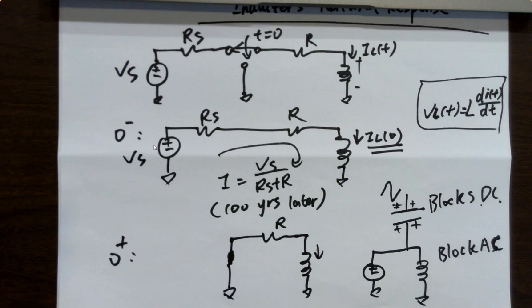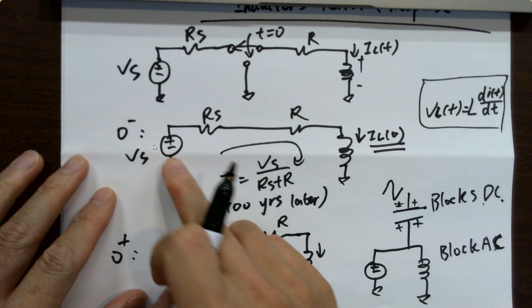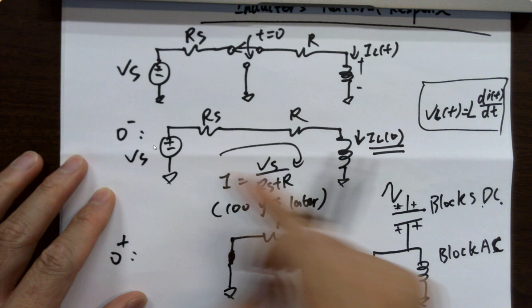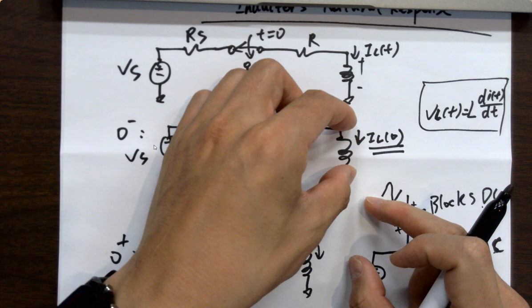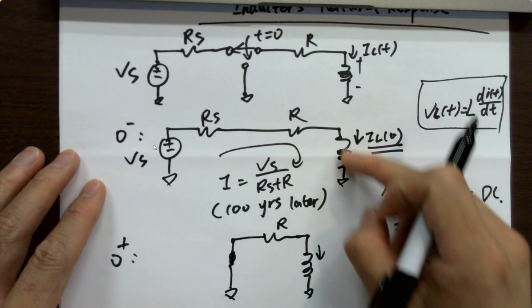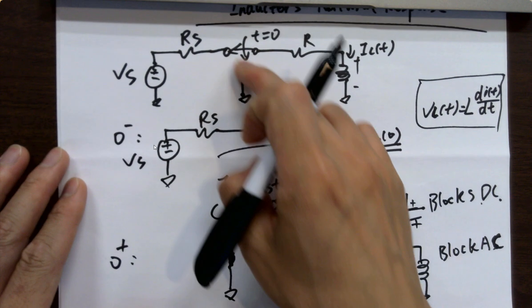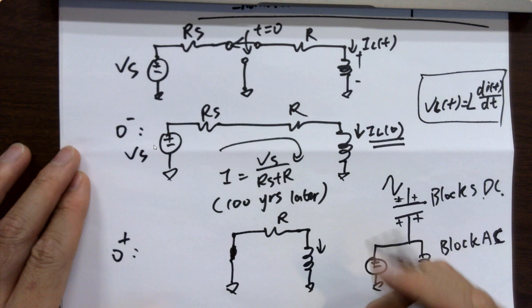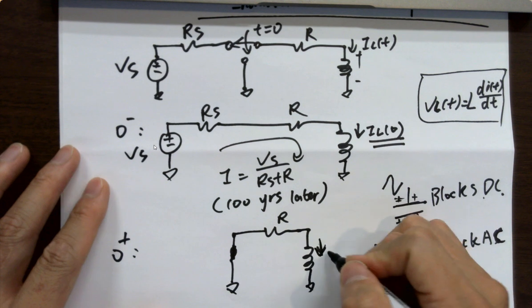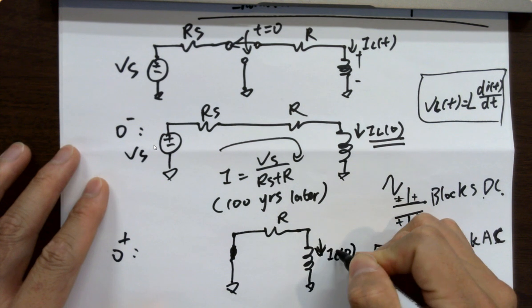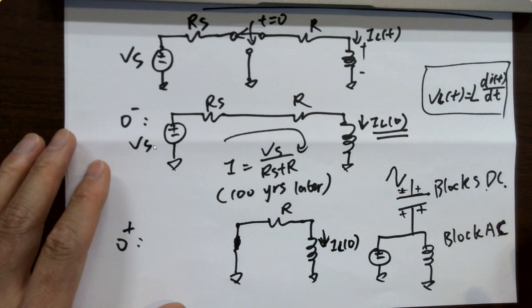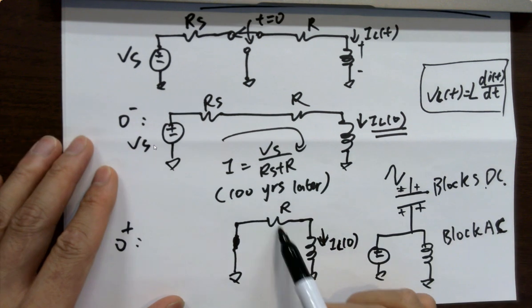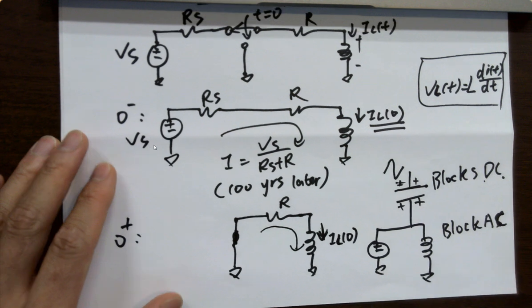It has an initial current stored in it, because you had this source running current into it. Whenever you switch it over here, there's still an initial current in there. It's not changing instantaneously. It's the same branch, so the current is going to flow that way as well.